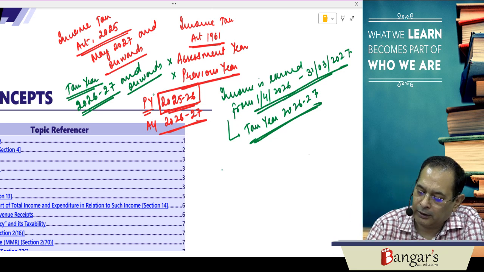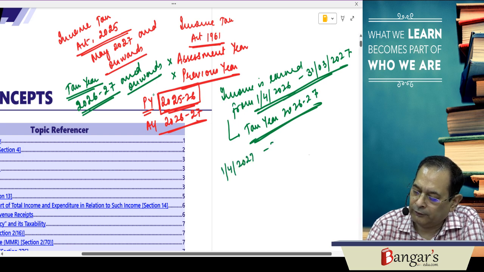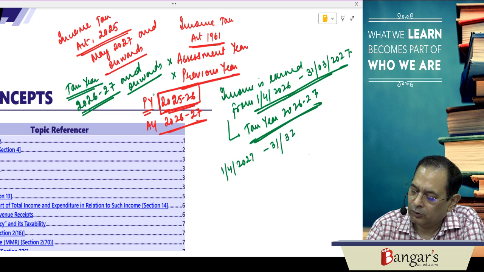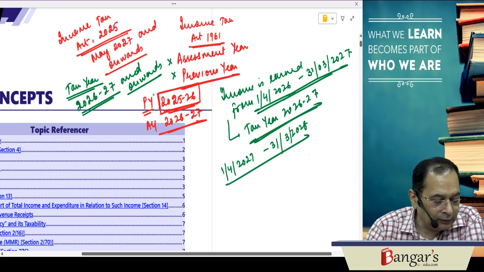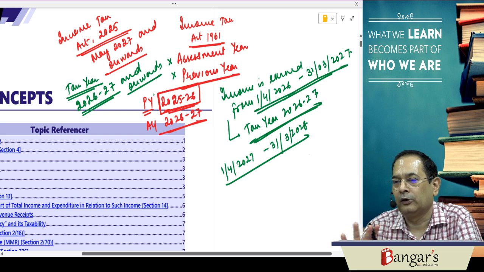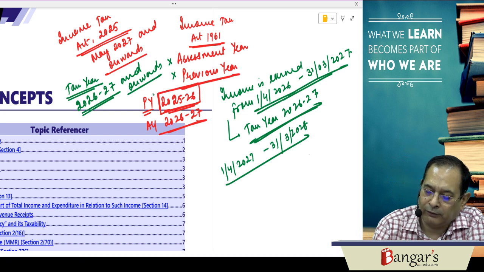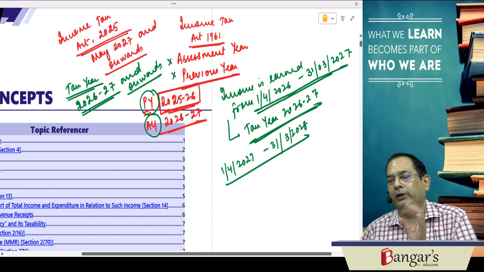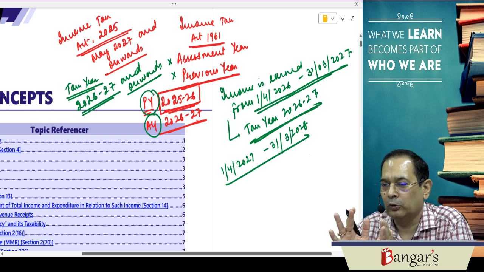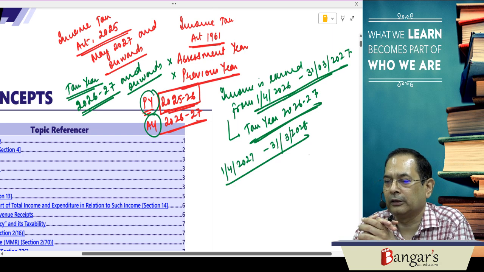Similarly, if you are earning any income from 1/4/27 to 31st of March 2028, it will be taxed in tax year 27-28. So the concept of previous year and the assessment year has now been done away with in this new Income Tax Act.